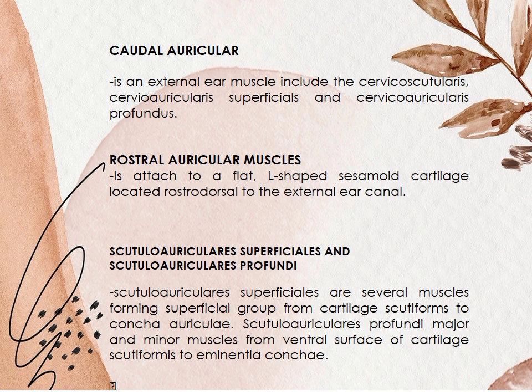The next one is the caudal auricular. It is an external ear muscle that includes the cervico-scutularis, cervico-auricularis superficialis, and cervico-auricularis profundus. Next is the scutulo-auricularis superficialis and scutulo-auricularis profundi.